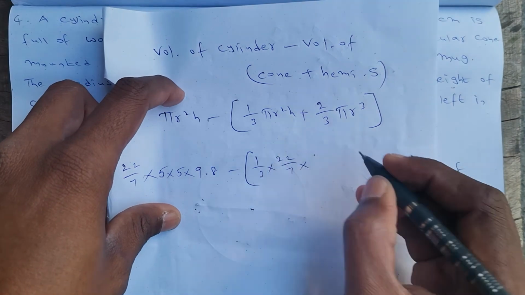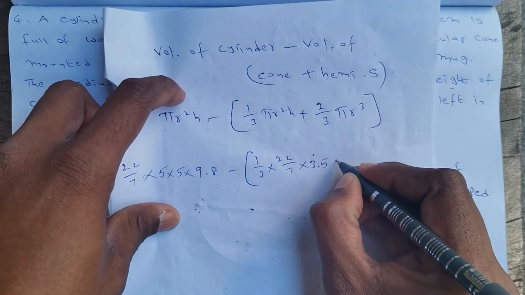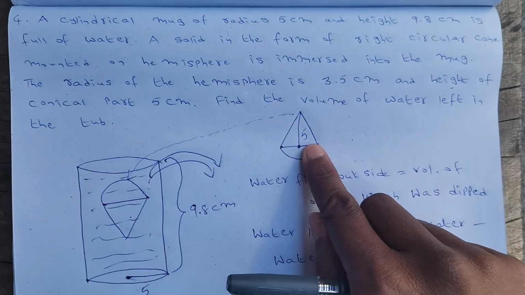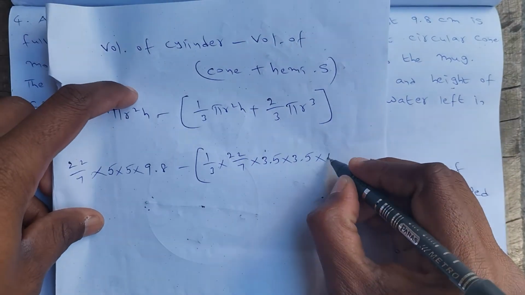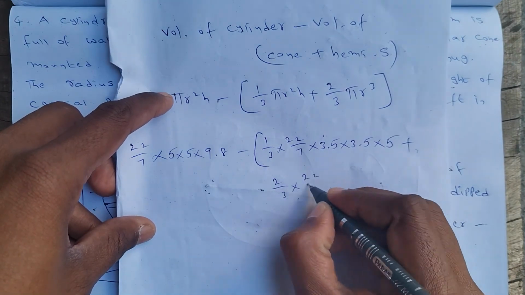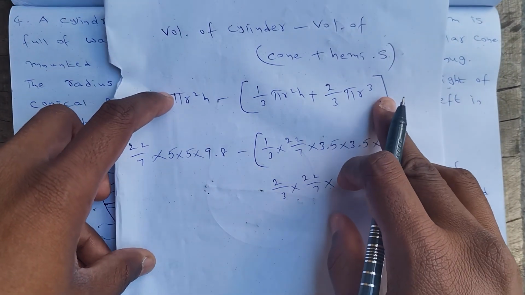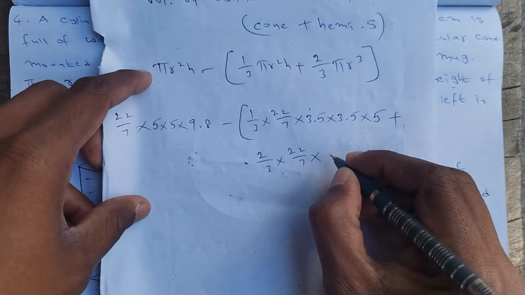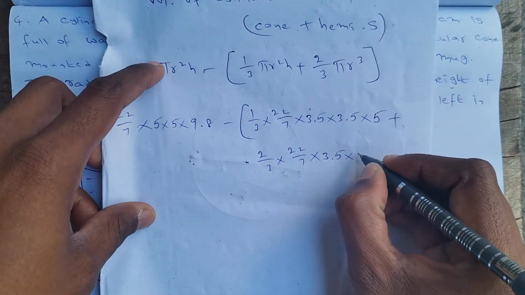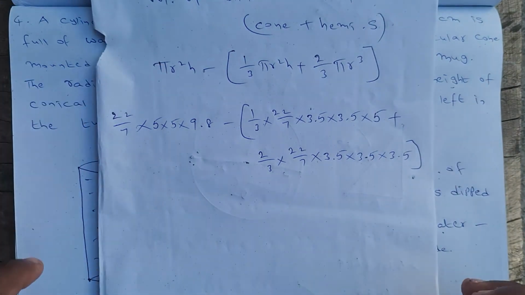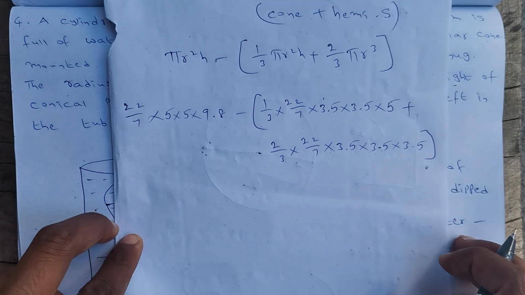So r square is 3.5 into 3.5 into the height of the cone, which is given as 5, plus 2 by 3 into pi value 22 by 7 into r cube. Radius is given as 3.5, so 3.5 into 3.5 into 3.5. If we find this calculation, we will get the answer.